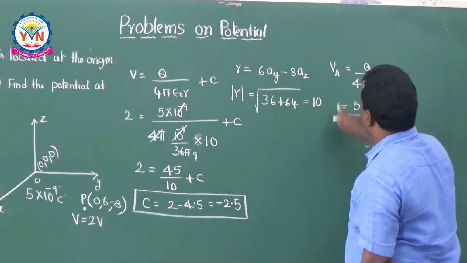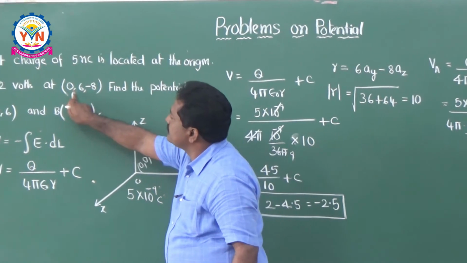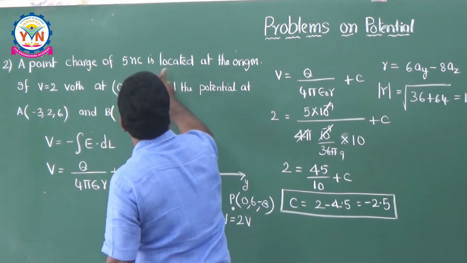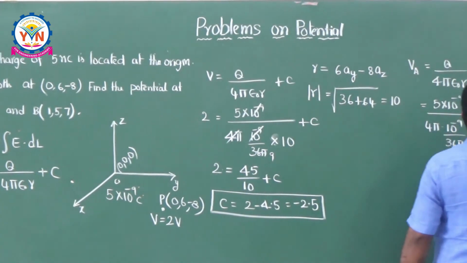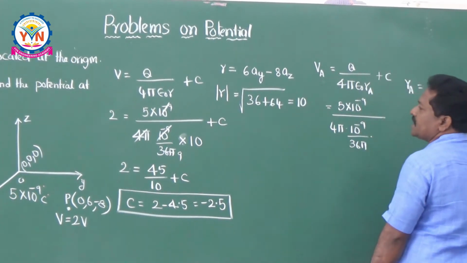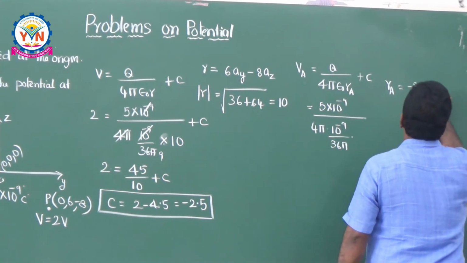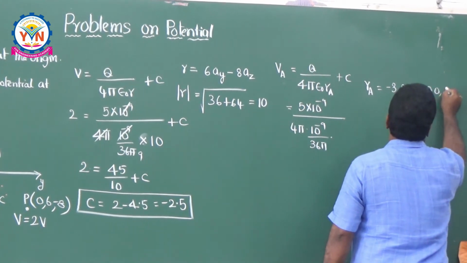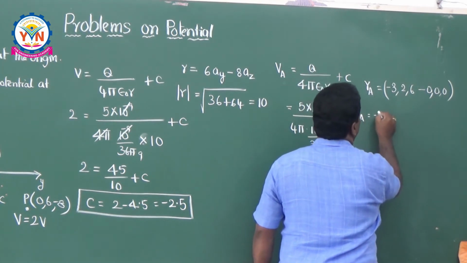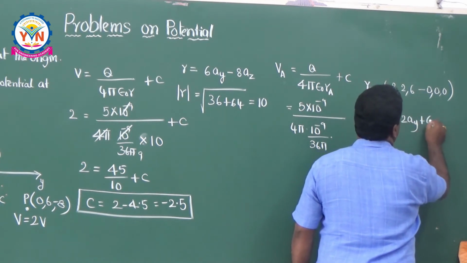What is RA? RA means the distance from (-3, 2, 6) to the origin. That means RA is equal to the destination (-3, 2, 6) minus (0, 0, 0). So RA is equal to -3 AX plus 2 AY plus 6 AZ.